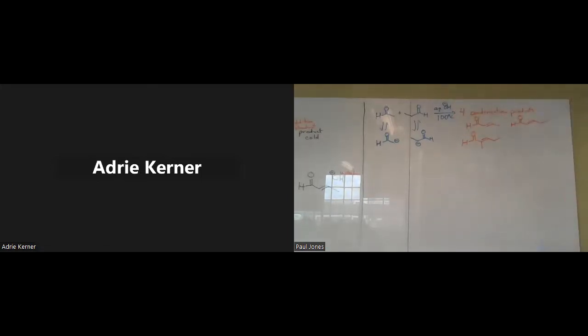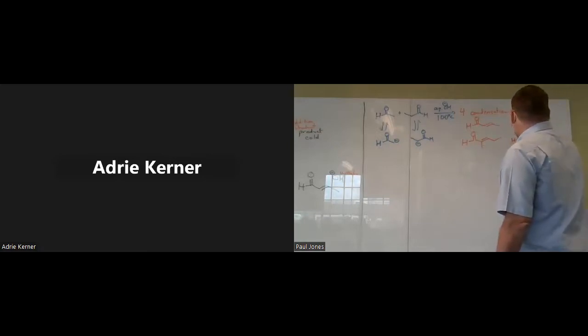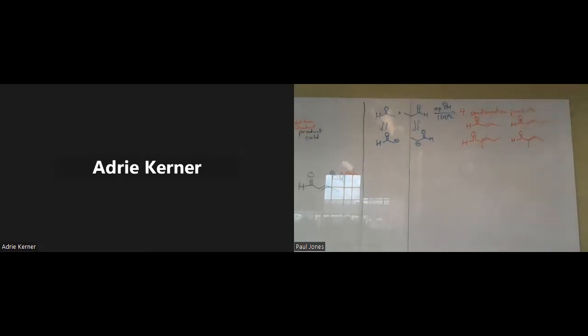If I just took propionaldehyde and dumped in aqueous hydroxide like you guys did in lab last week, I'd get that compound. Propionaldehyde can also react with the acetaldehyde enolate. Still 5 carbons, 1, 2, 3 from the propionaldehyde, 1, 2 from the acetaldehyde. Like I said, I get all of those in roughly equal amounts.